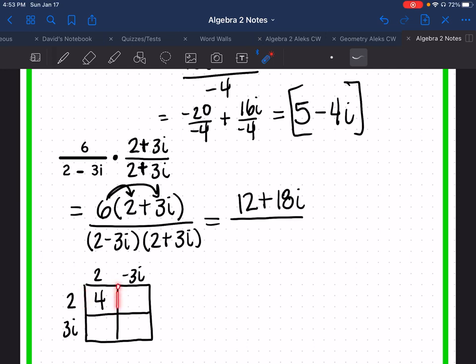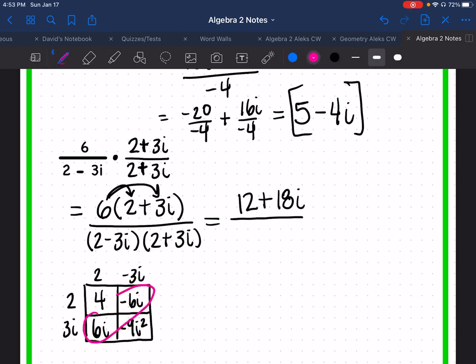So 2 times negative 3i. You guys got it? 3i times 2, because this side and this side are the same. And lastly, 3i times negative 3i. Okay, so that would be negative 9i squared.